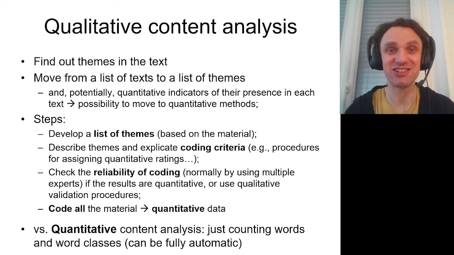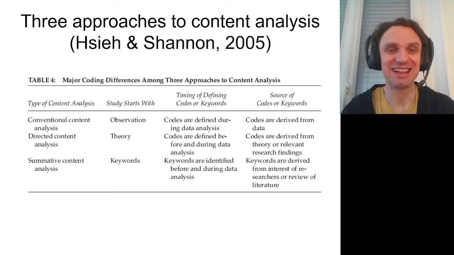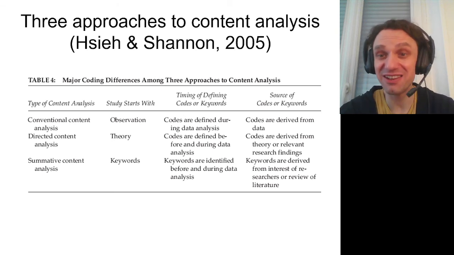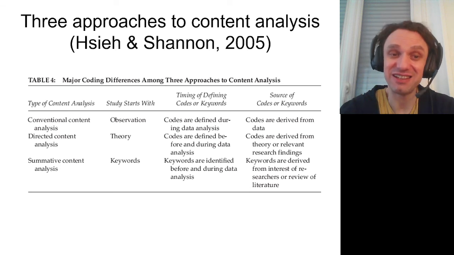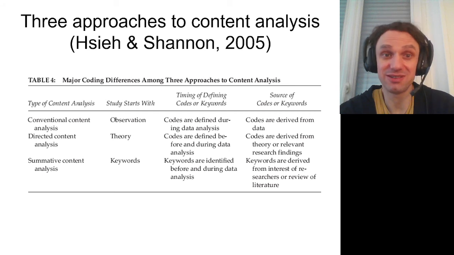So this is essentially qualitative content analysis. And then again, there are different strategies that you can use. Sometimes you generate those categories based on your texts. Sometimes you generate those categories based on theory. Sometimes you generate them based on theory, but then you refine them during your work with the text. So basically all of these approaches are good enough.